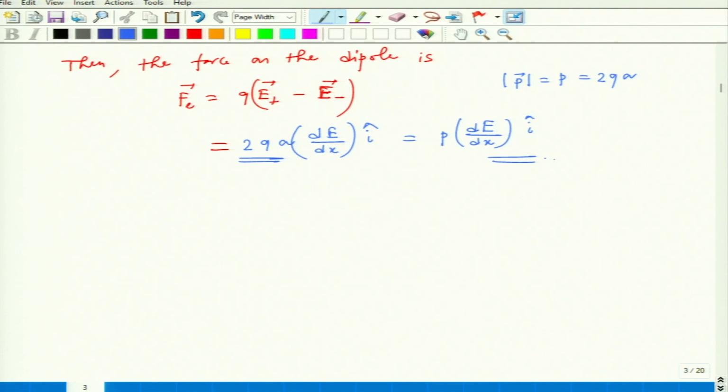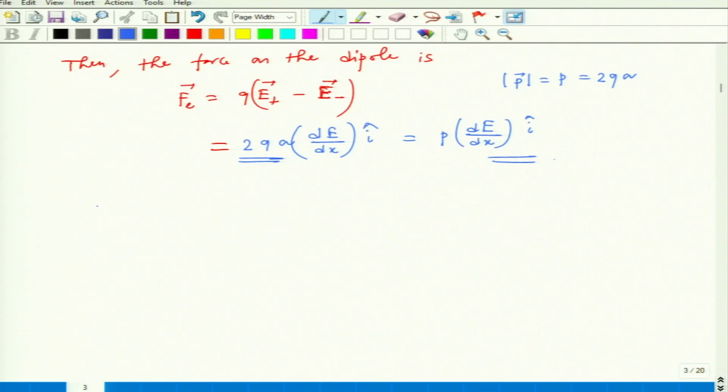Here we see that the force is basically the gradient of the electric field. If the electric field is constant, the derivative becomes 0 and the force becomes 0. When the electric field varies with distance, there is a non-zero gradient, so we get a force on the dipole.